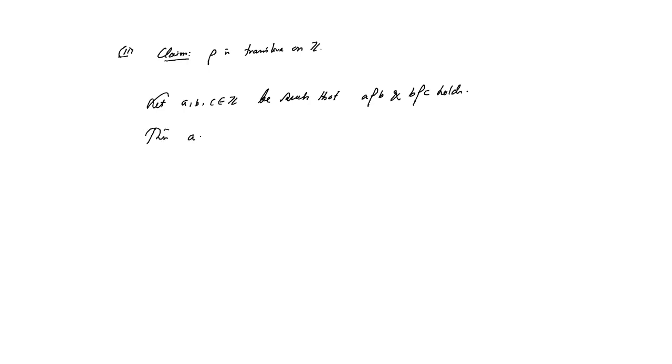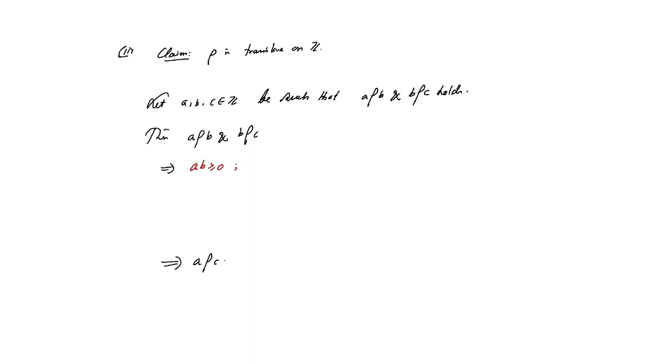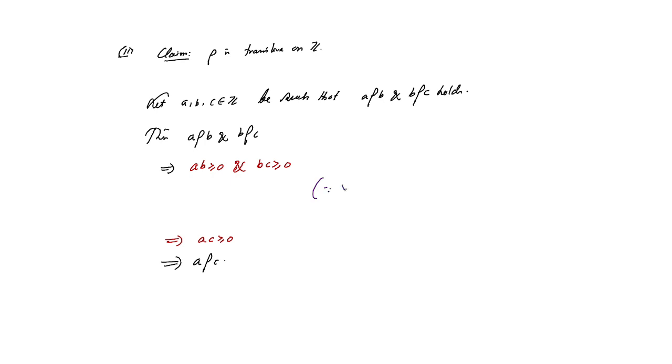Then from A related to B and B related to C, we need to show for transitivity A related to C. So what exactly is the meaning of A related to B and B related to C? A related to B means the product of these two integers is greater than or equal to 0. And B related to C means this product is greater than or equal to 0. What exactly does A related to C mean? This product is greater than or equal to 0. So we need to show, from AB greater than or equal to 0 and BC greater than or equal to 0, that AC is greater than or equal to 0. So we know if x greater than or equal to 0 and y greater than or equal to 0, then the product must be greater than or equal to 0.